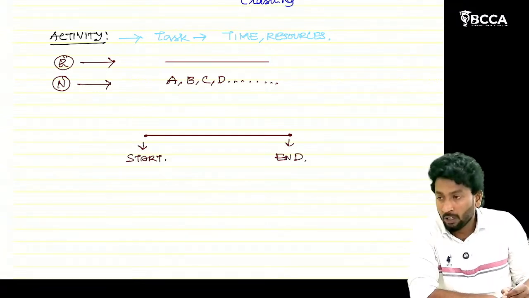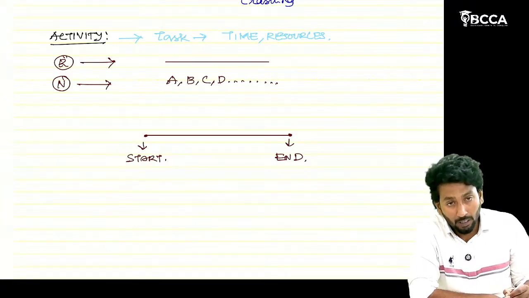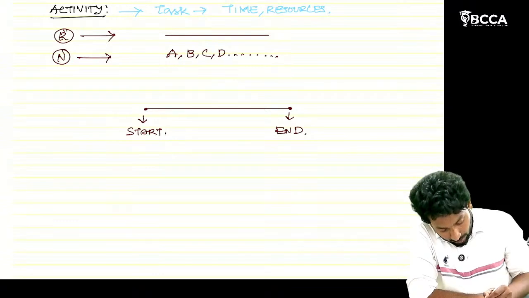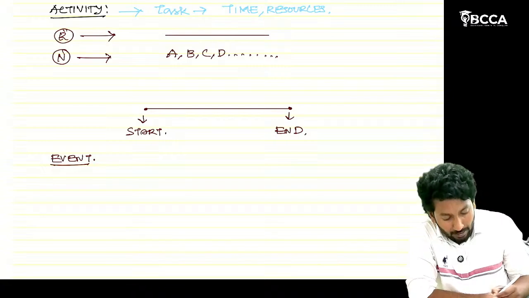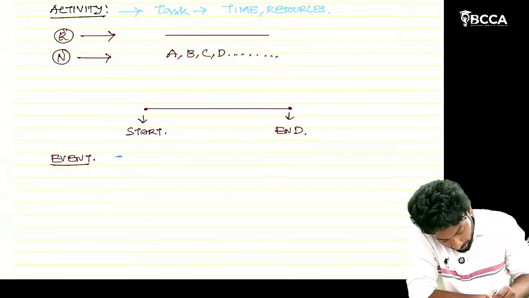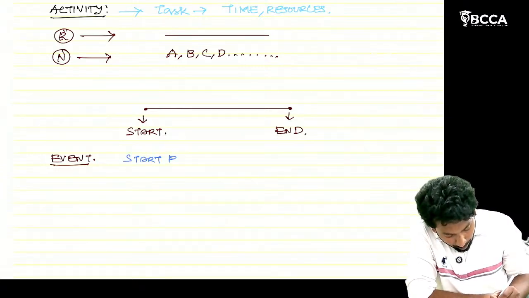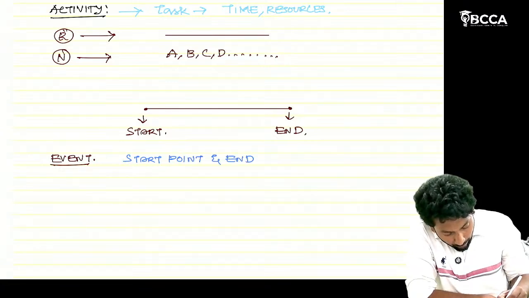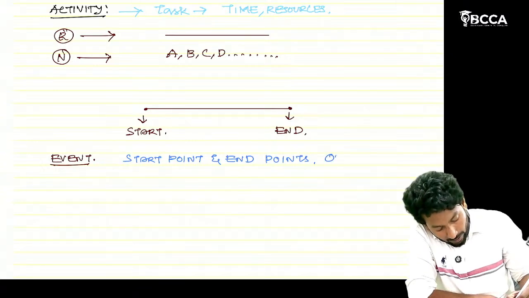Now the start point and end point are called events. So what is an event? An event means the start point and end point of an activity.